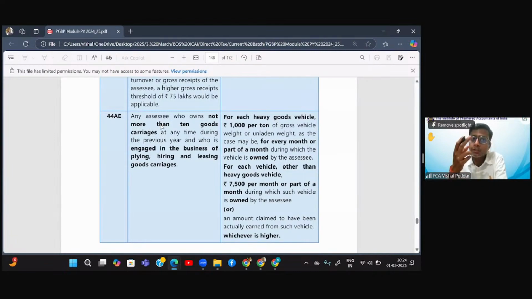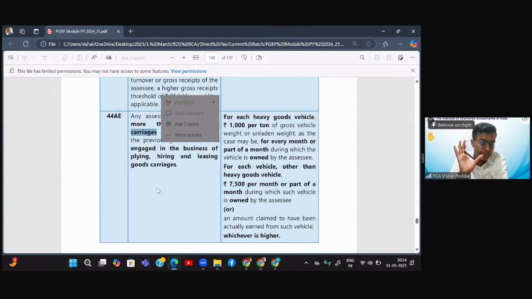Now, in the above two sections, they have given turnover limits. Here, they have given the criterion that a person should not have more than 10 vehicles. Here they are using the word goods carriage. Goods carriage means the trucks or tempos that they are using for transportation. So, if you do not have more than 10 trucks, it means you are a small business.